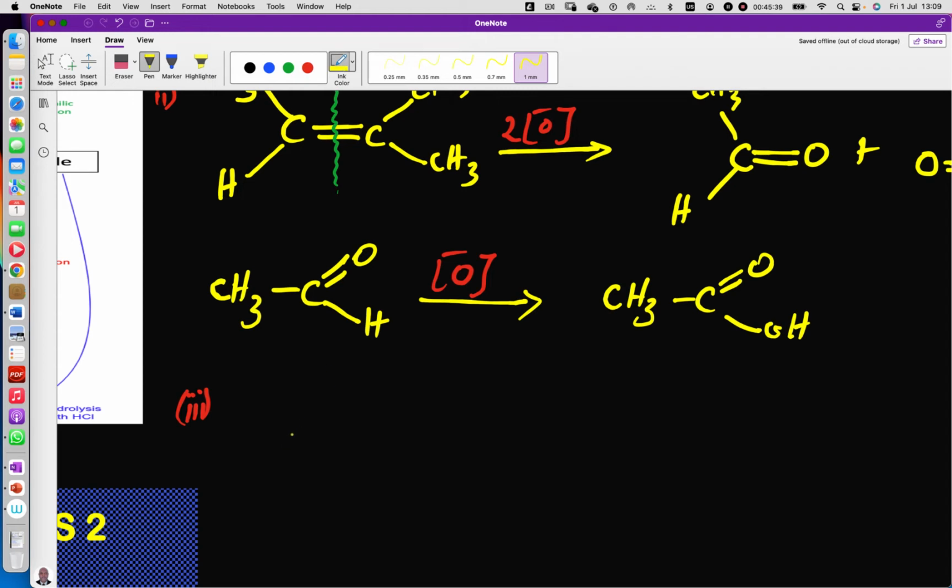Let me say this alkene has hydrogen at both ends, and we have this one.